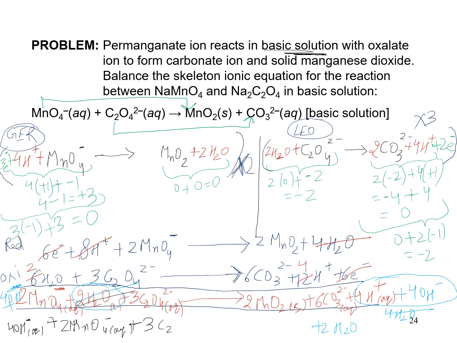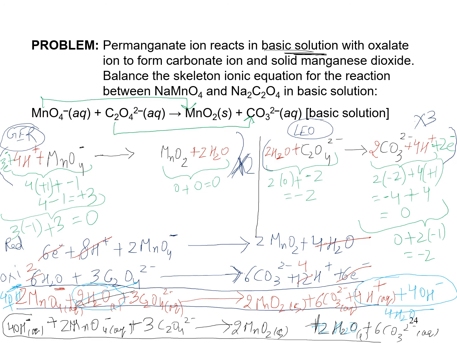These will produce 2 MnO2, which is solid, plus I'm going to leave this right here, 2 water molecules, and 6 carbonate ions. Okay, this water will be liquid, and this is what your final answer should look like. So make sure you give me this as your final answer.